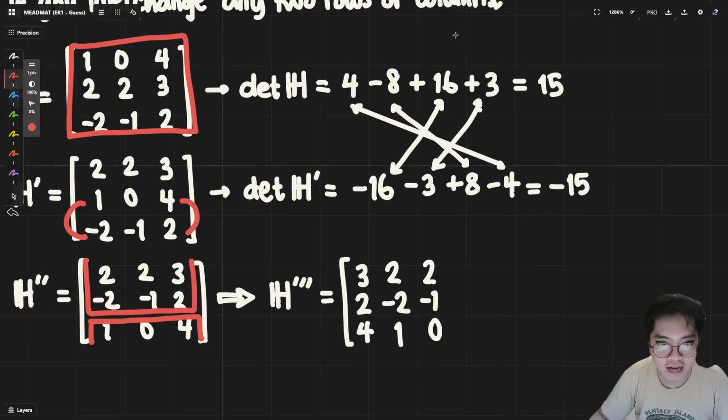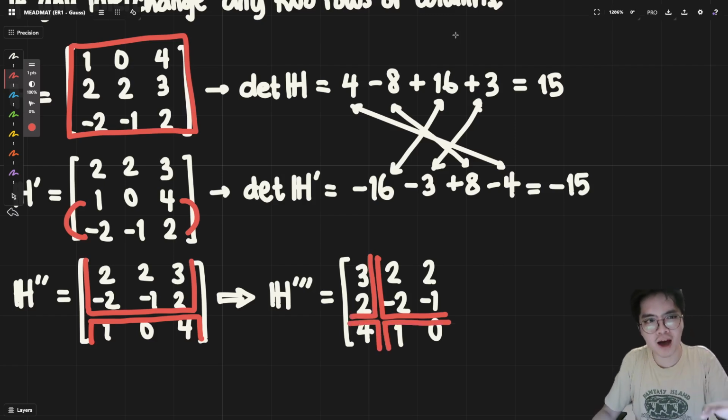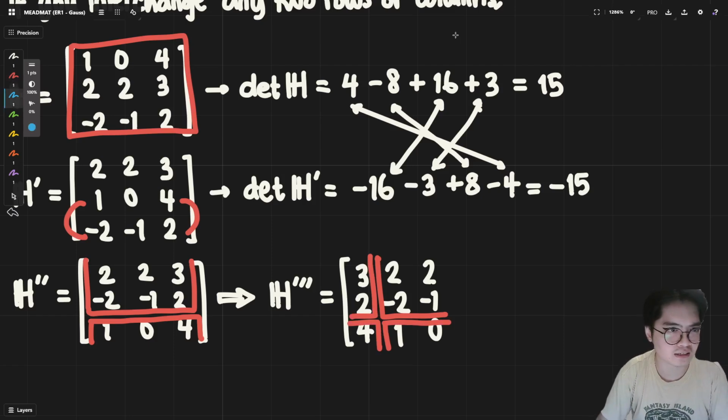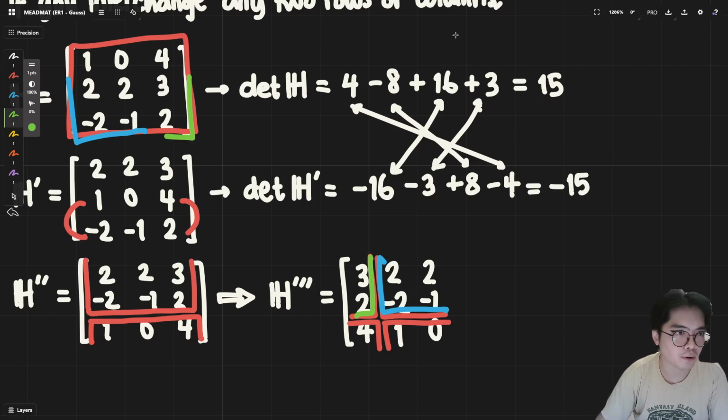Essentially, what we have done is this weird thing, that is now the box. It's now disassembled. Look at this. This is the bottom left corner. This is the bottom right corner. This is the upper left corner. And now this is just the upper right corner.